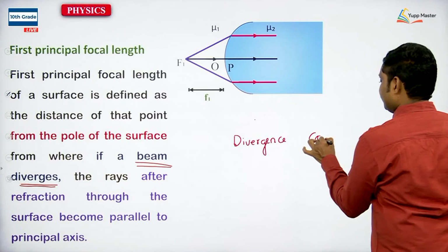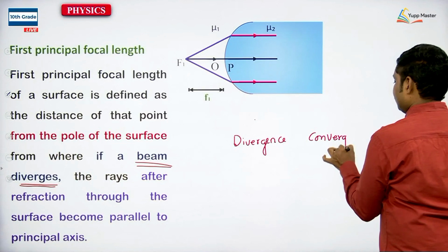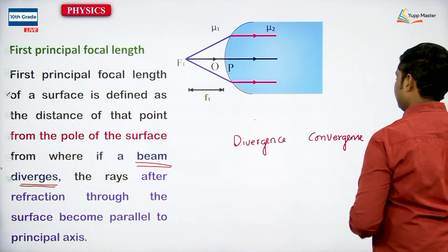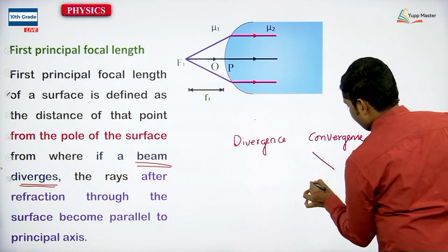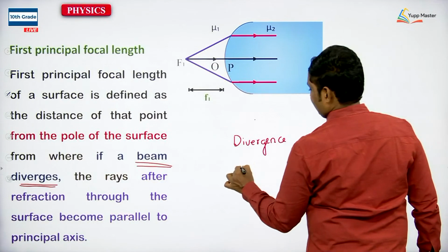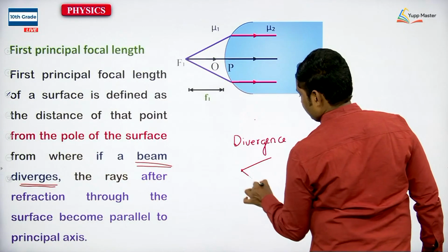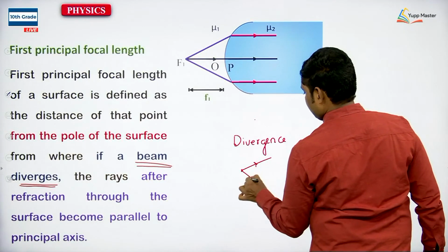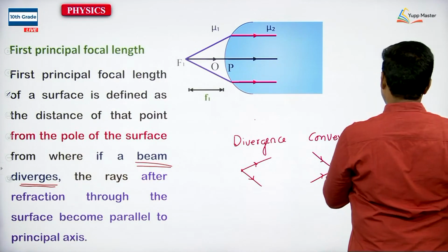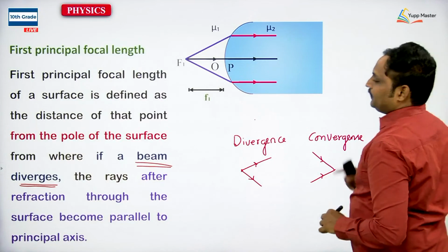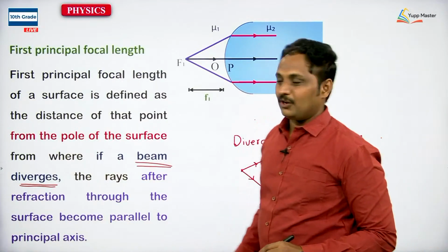In convergence, the rays are going to meet at one point, they are about to meet. It is very important. You have to see the next one also.